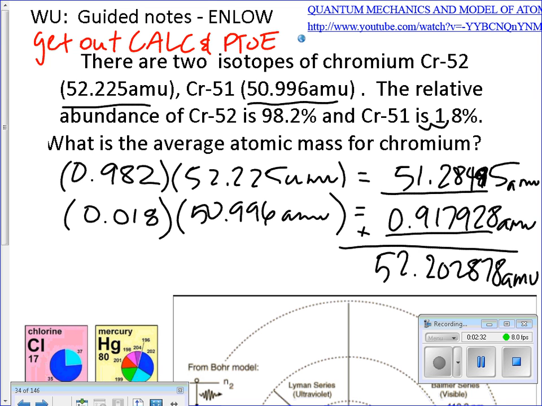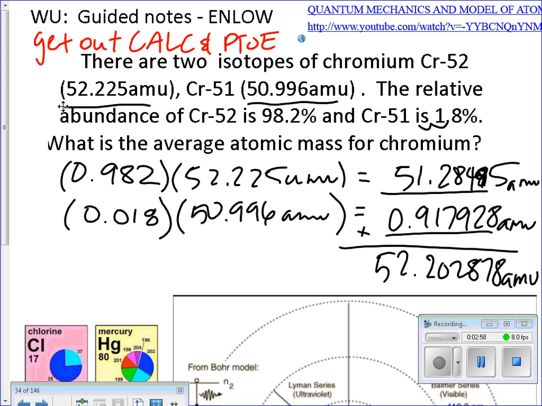AMUs. All right, so then let's talk about sig figs here. Whenever you're looking at this number and you're multiplying across, you're looking at a limited number of sig figs of 3. Those 3 sig figs transform this into 51.3. Okay, so that's 1 decimal. This one only has 2 sig figs, so when you multiply across, this should be 0.92 at 2 sig figs.